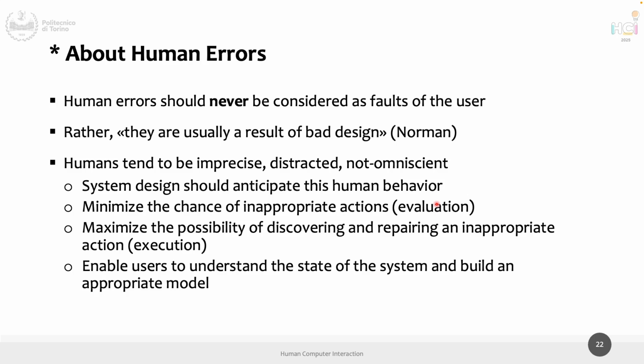People are imprecise, could be distracted, are absolutely not omniscient, and so the system design should try to anticipate this human behavior, minimizing error and maximizing the chance of discovering, repairing, going back in case of errors, etc. and enable users to understand the state of the system and build their own appropriate model on how things work, so that they learn.